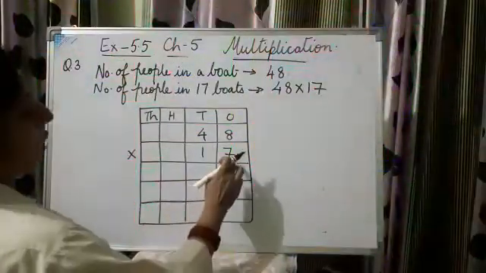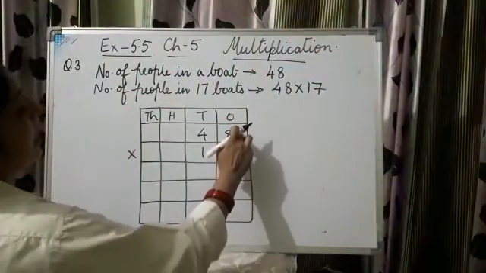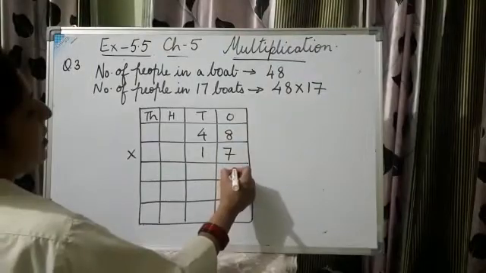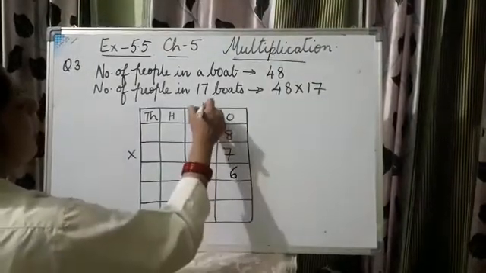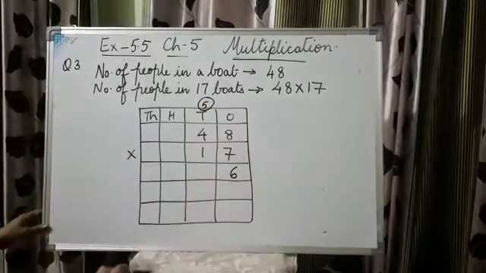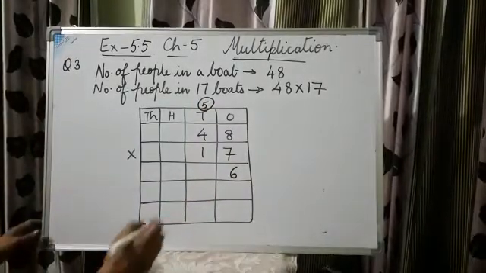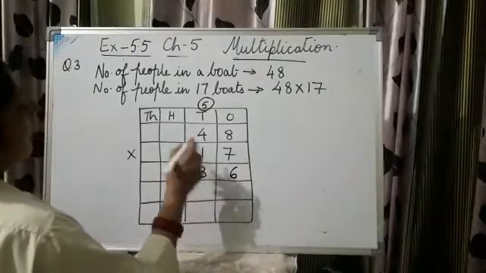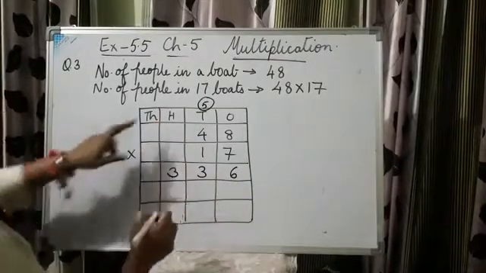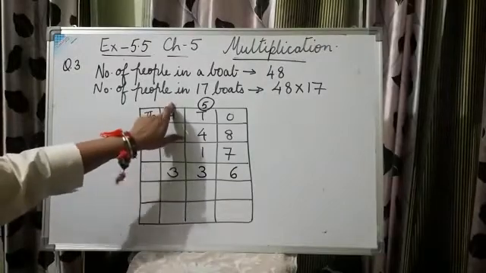Let's start the multiplication. 7 multiplied with the ones digit, 7 8s are 56. 6 here, 5 carried. 7 4s are 28. 28 plus 5 is 33. 3 here, we don't have any digit to be multiplied, so we are writing the 3 again, which was to be carried over.